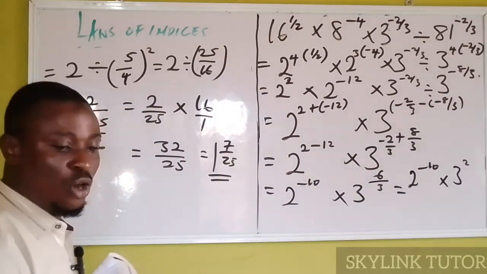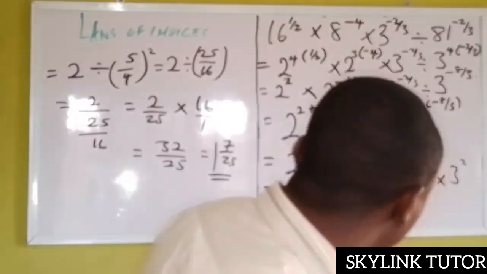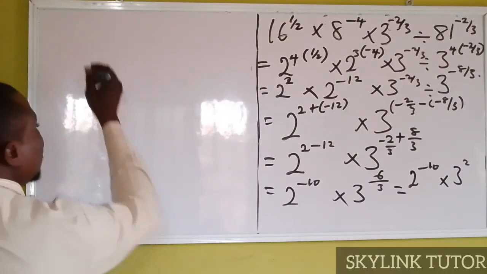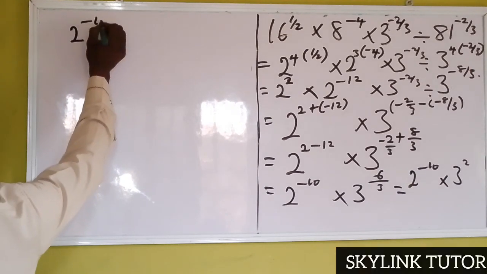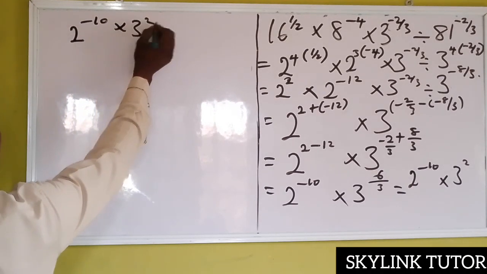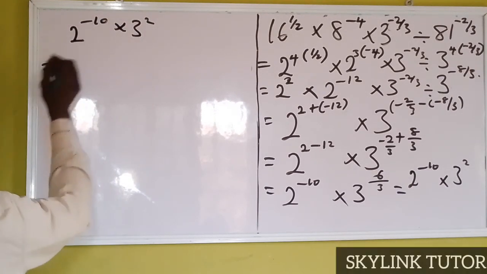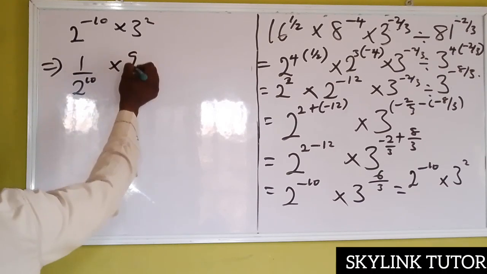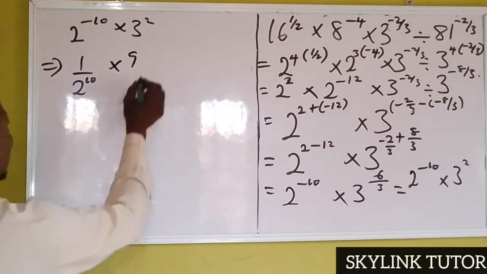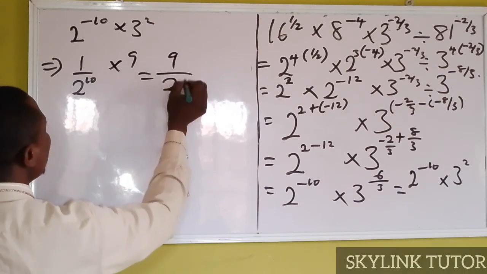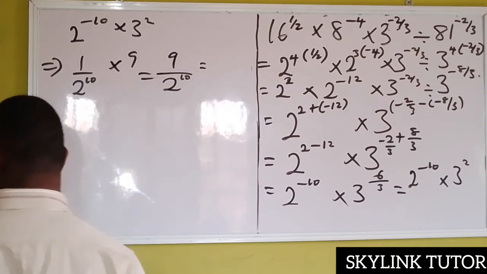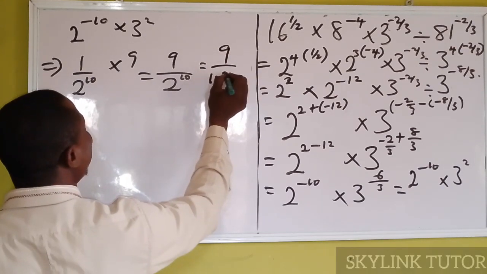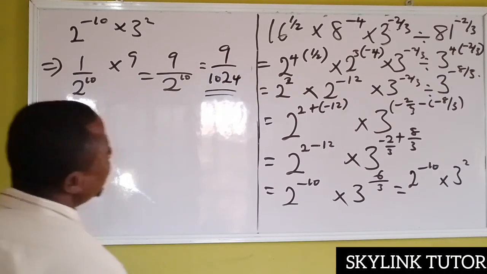According to this law of indices again, you have 2 raised to the power minus 10 times 3 squared already. So what we are going to have here is 1 over 2 raised to the power 10, times 9. Our answer is going to be 9 all over 2 raised to the power 10. So what is 2 raised to the power 10? That one is going to be 9 all over 1024. Answer.